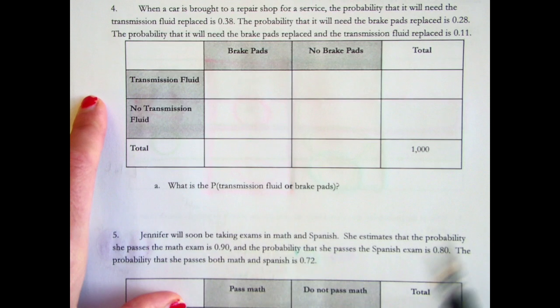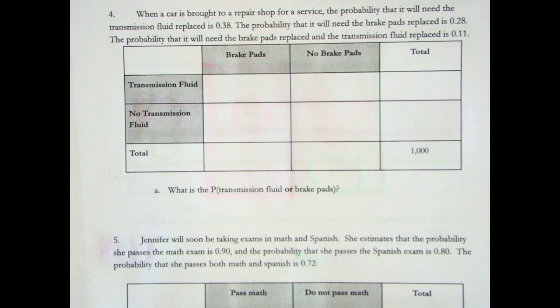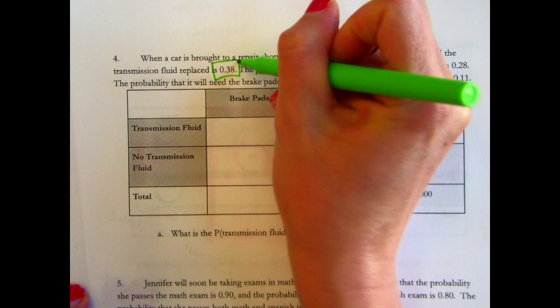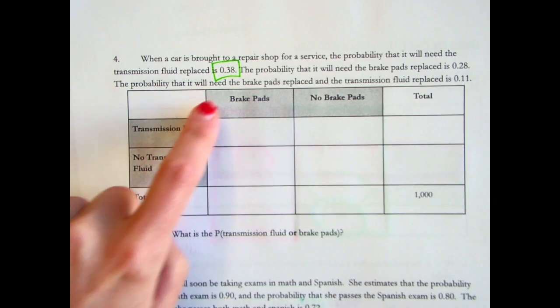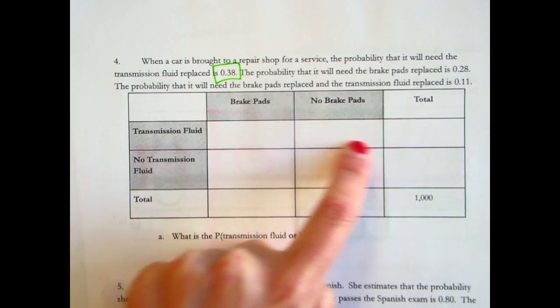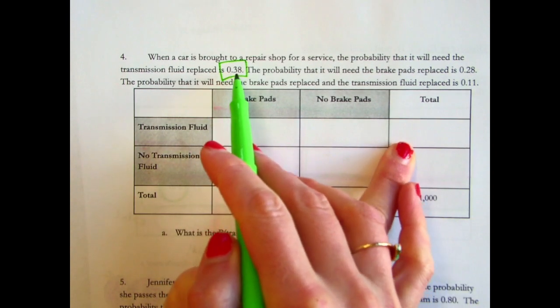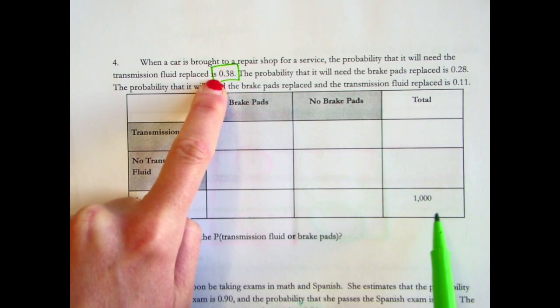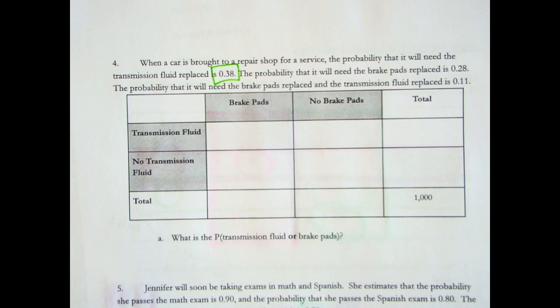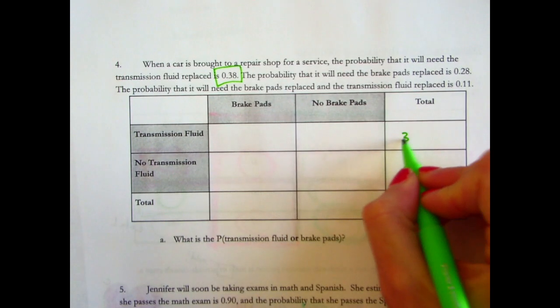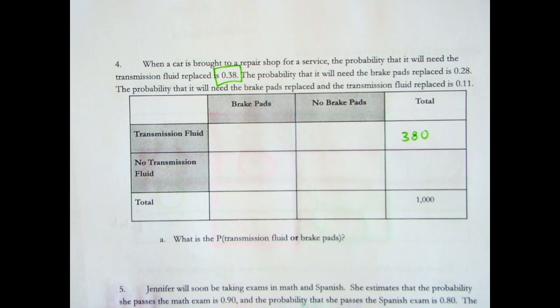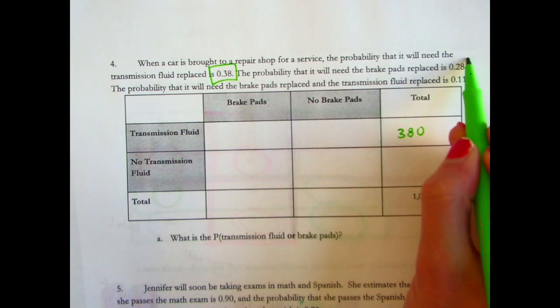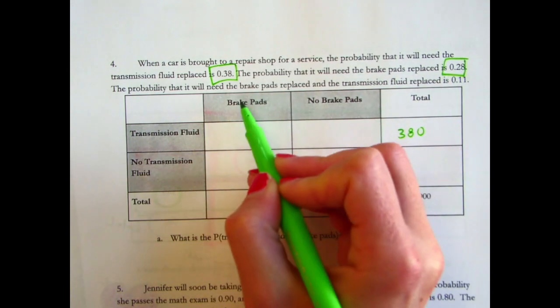So 0.38 times 1,000 is 380. The probability it will need the brake pads replaced is 0.28. Total for brake pads, that's going to be 280 when I multiply by the 1,000. And the probability it will need the brake pads replaced and the transmission fluid replaced is 0.11. So that's the intersection between brake pads and transmission fluid, which is 110.